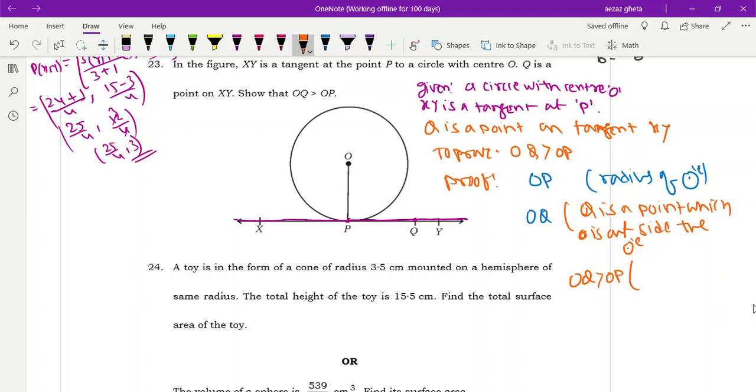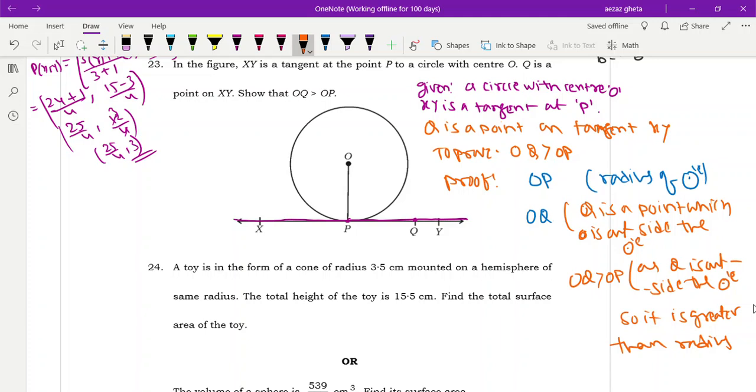Correct. Now, as Q is outside the circle, OQ is greater than the radius. More sentence writing is required. OP is the radius of the circle, and Q is a point outside the circle, so OQ has to be greater than OP.